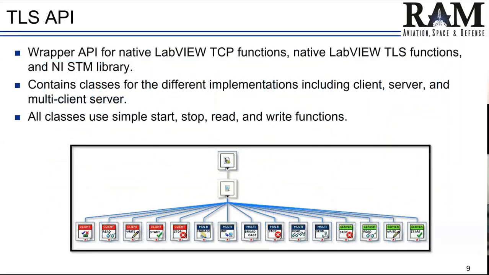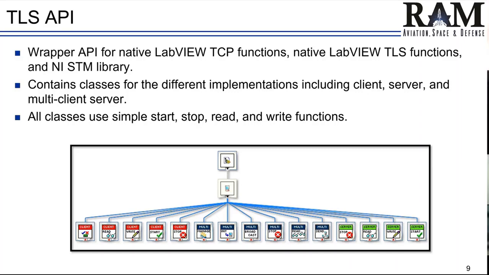So, starting out, I do have a TLS API. This isn't anything super groundbreaking. It's built on top of the native LabVIEW TCP functions, the native LabVIEW TLS functions, and also the NISTM library that's available on VIPM.